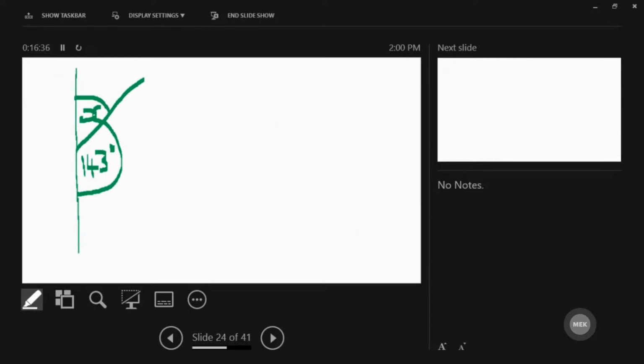So how are we going to find x? How are we going to find x for this problem?